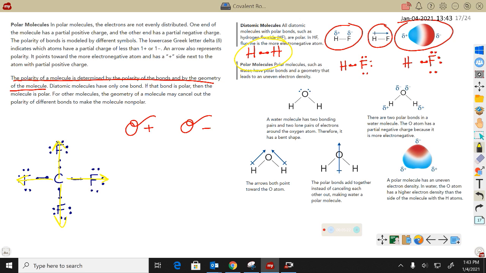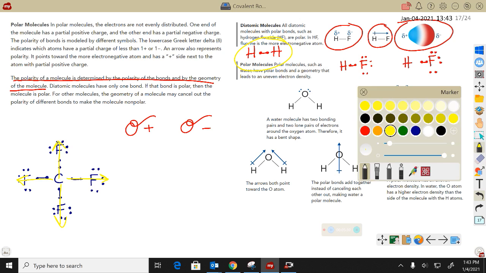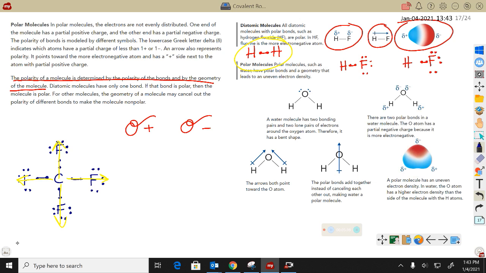So they cancel. And you end up with a tetrahedral structure, 4 electron groups, all 4 are bonding groups, but the little poles cancel at equal angles, and it's overall a nonpolar molecule. Let's put that in here. This is a nonpolar molecule.